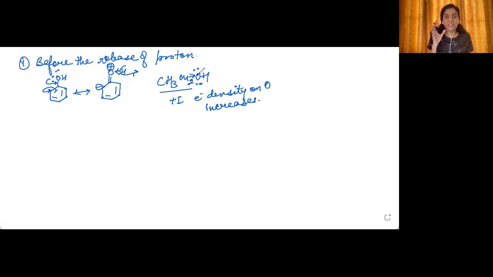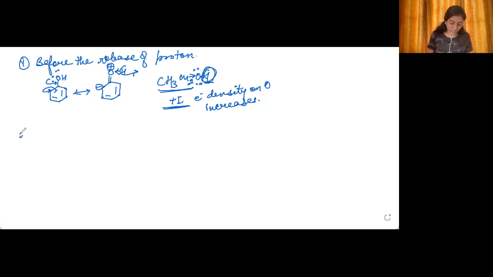Now, though oxygen is very highly electronegative as compared to hydrogen, still its tendency to attract the shared pair of electrons towards itself will decrease because of the plus I effect of the ethyl group. This means the release of proton will become difficult because the ethyl group is releasing its electrons towards oxygen, leading to lesser polarity of this OH bond. Due to decrease in the polarity of the OH bond, the acidic character is lesser. Hope this is clear to you.